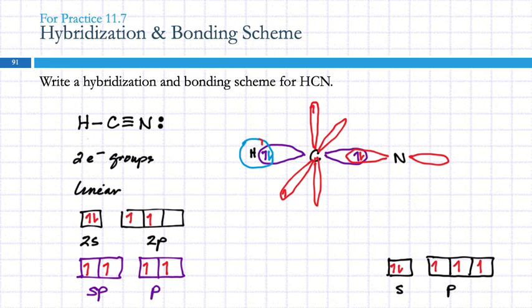And then the other two are perpendicular. One straight up and down, one in and out of the plane. So these three half-filled orbitals, 1, 2, 3.